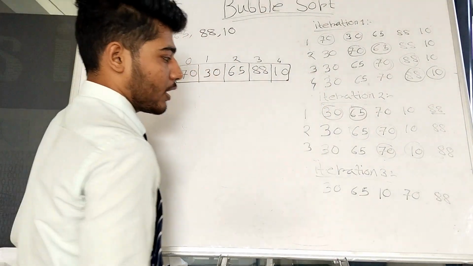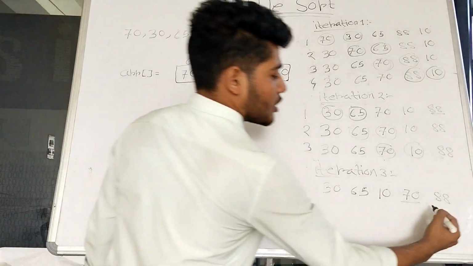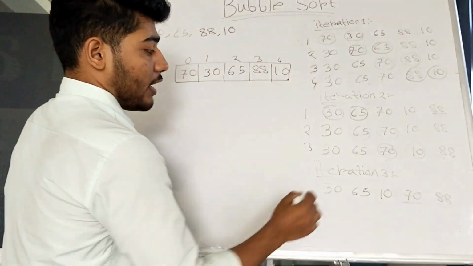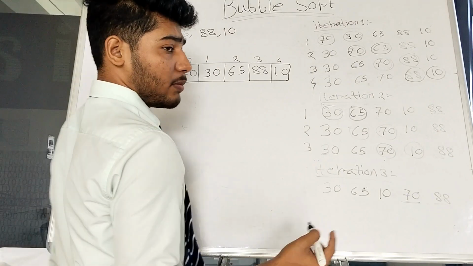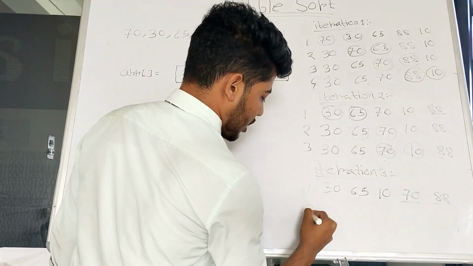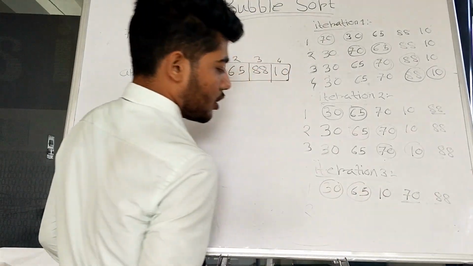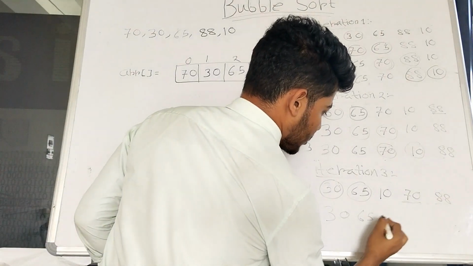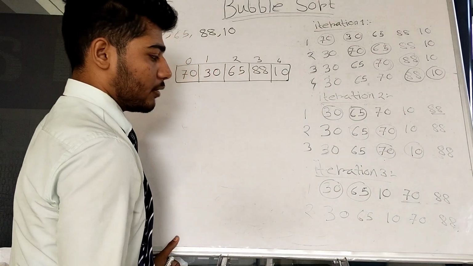Now let's see, 70 is placed in its proper place and 88 is already placed. So now there is 3, so n minus 3 times we will compare. So n minus 3 means 2 times. So 1 and 2, 2 times we will compare. Now ARR 0 with ARR 1. 30 greater than 65? No. So it will remain the same: 30, 65, 10, 70, 88. Okay.